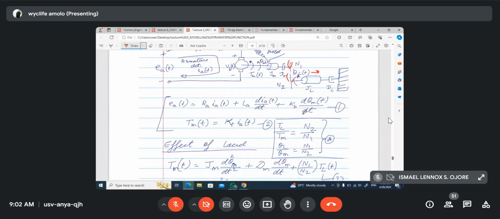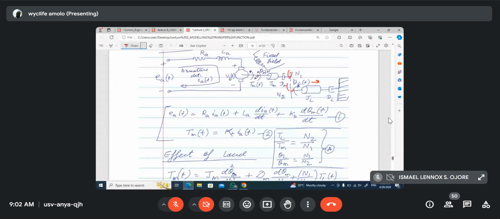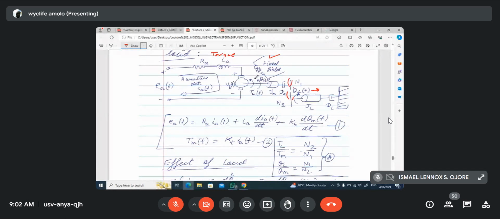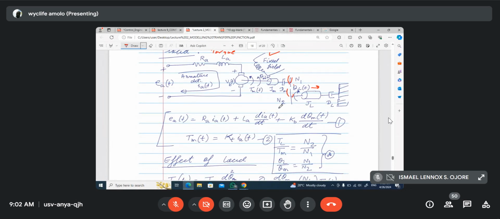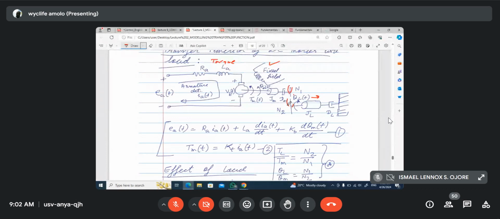So this is a Tm in terms of T, and TL. To see that TL here, TM and TL, the T load is not indicated in the system but is the same.